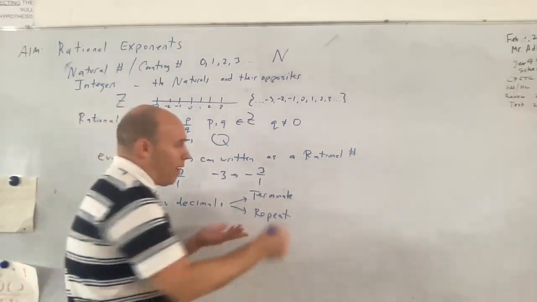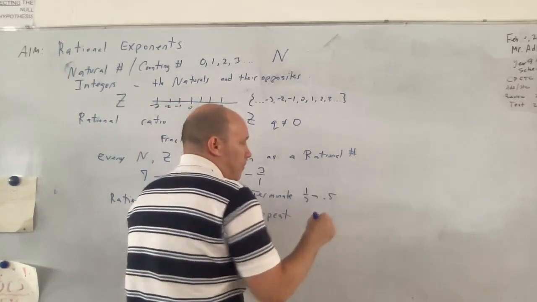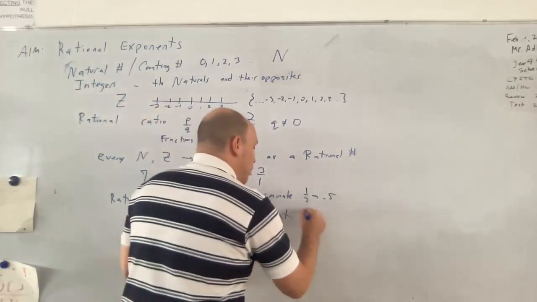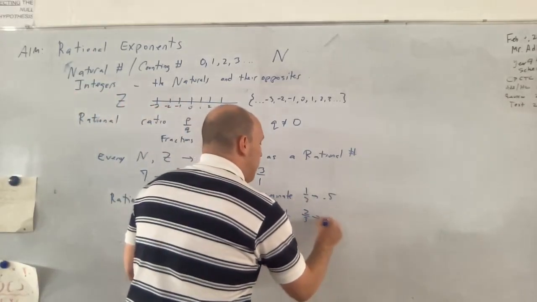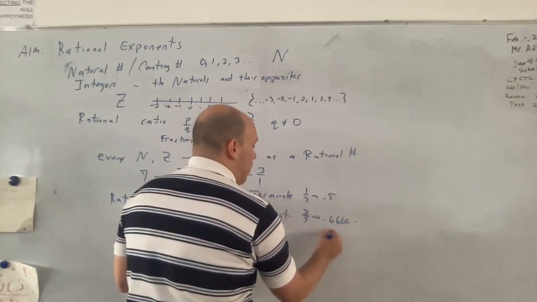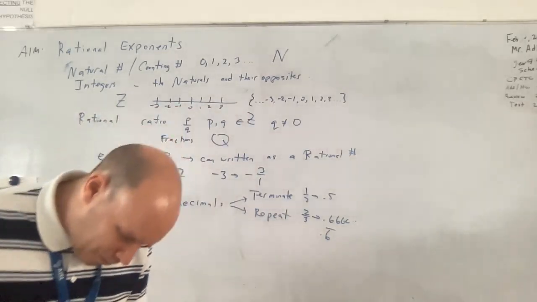For example, 1/2 becomes 0.5000, and we don't care to count the zeros. But if you do 2/3, it's 0.6666, and then you use that symbol, 0.6 with the line on top, which I hate, but whatever.